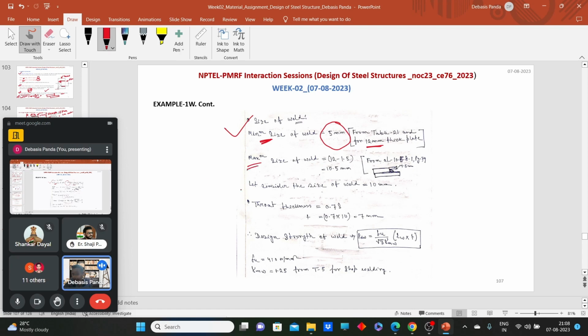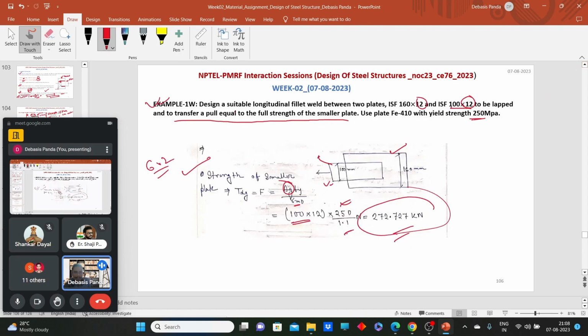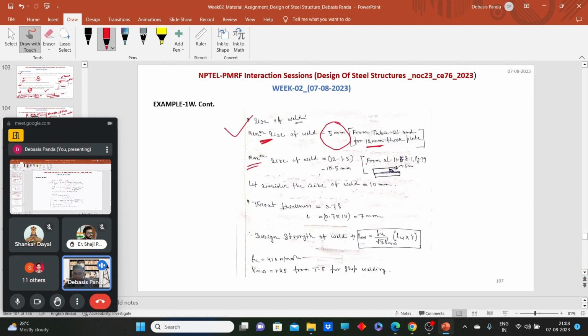Now what should be the maximum size of the weld? For the weld between plates, it is the thickness of the thinner plate minus 1.5. So we have a maximum size of 10.5 and a minimum size of 5. What size should we consider? Let's consider 10 mm.